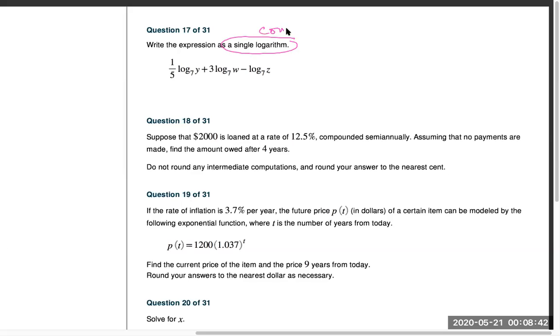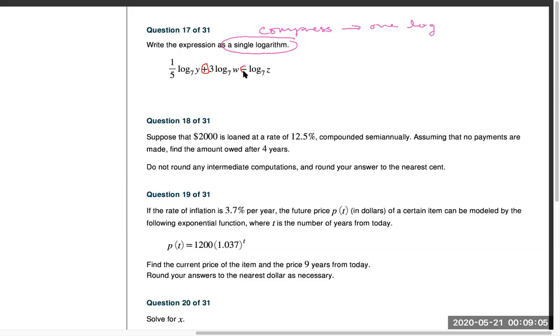Okay, so compress. So we're only going to want one log in the end. So we're going to do the same things here, except looking at the other side of our equation that we're starting with for our formulas. So you can see that there's a plus here.